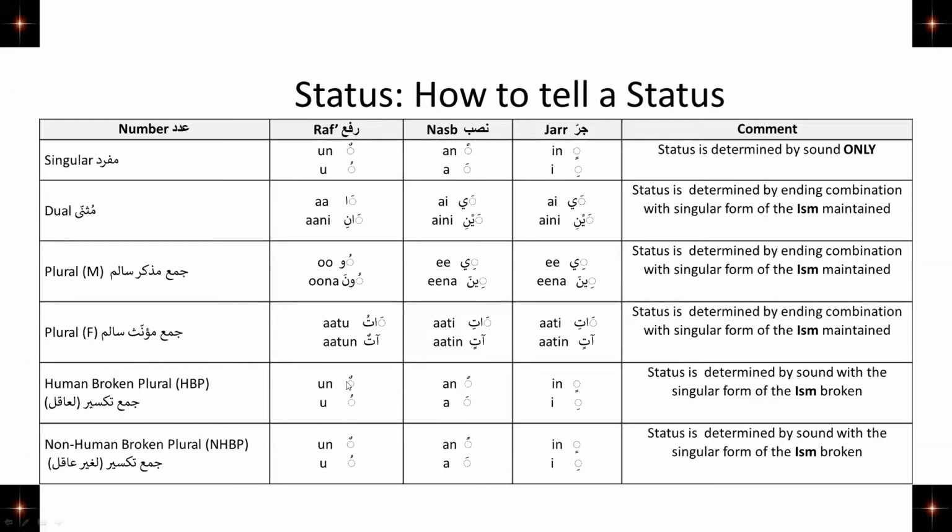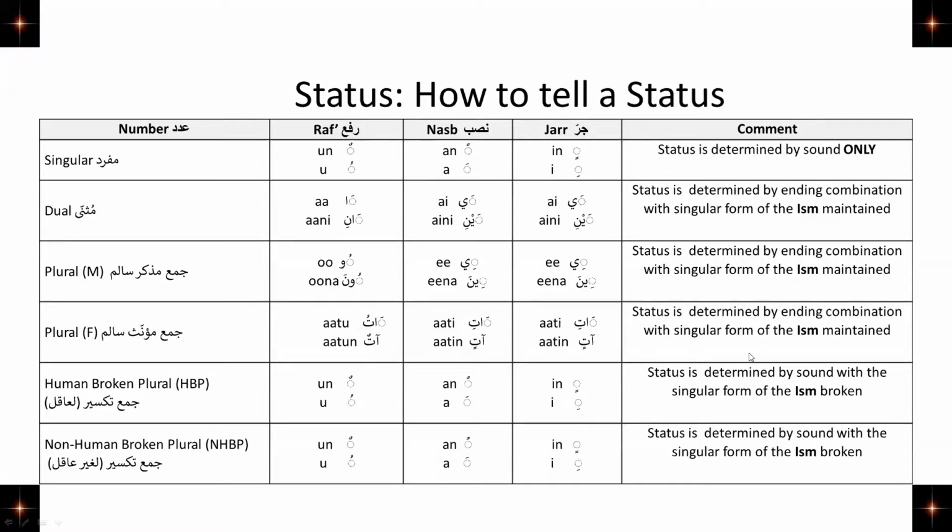We have u, un, a, an, i, in. So the singular and the broken human and non-human plurals have ending sounds, while the ending combination can be found only with the pair and the plural.